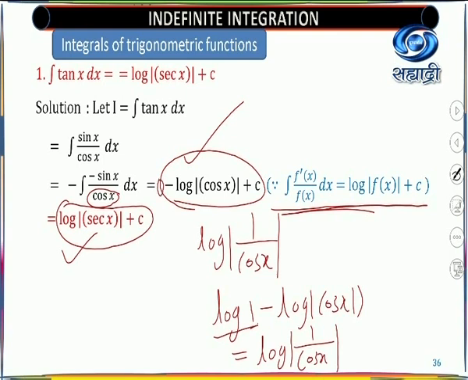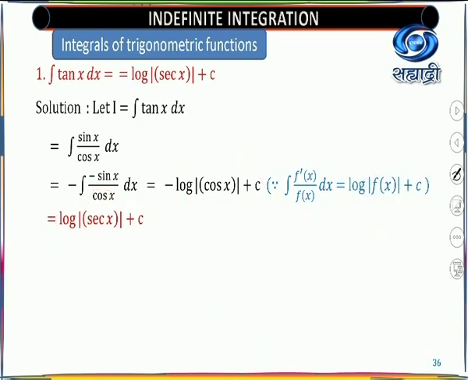So you will get 0 minus log mod cos of x. 0 means log 1, so 1 minus log x. Now you are using your identity log m minus log n, which gives you log m upon n, but 1 upon cos is sec. Okay, so you will get log of mod of sec x plus c, constant of integration. This is one of the methods where you are able to solve it. Why these two are equal, that I have already explained.